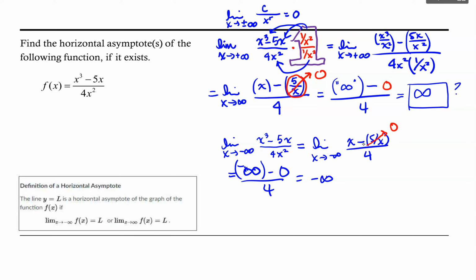So what happens with this particular function is we have not been able to identify any constant L for which either of those limits exist. When x headed to positive infinity, we got positive infinity. When x headed to negative infinity, we got negative infinity.